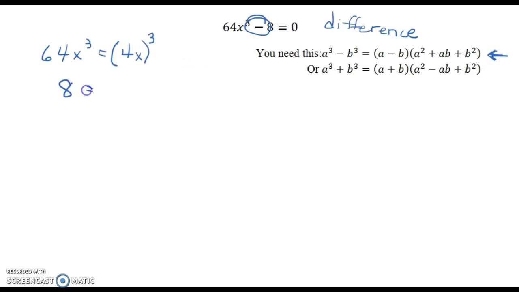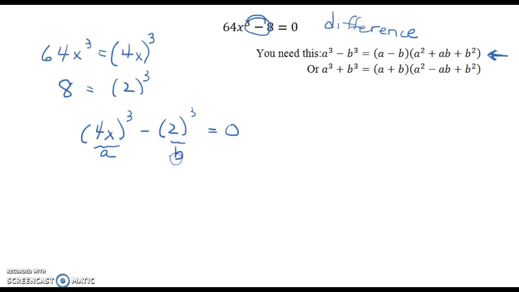8 is also a perfect cube. 8 is 2 raised to the third power. So I'm going to rewrite my equation as 4x to the third power minus 2 raised to the third power equals 0. So now 4x is my a and 2 is my b. Now I can use that formula that we had before.